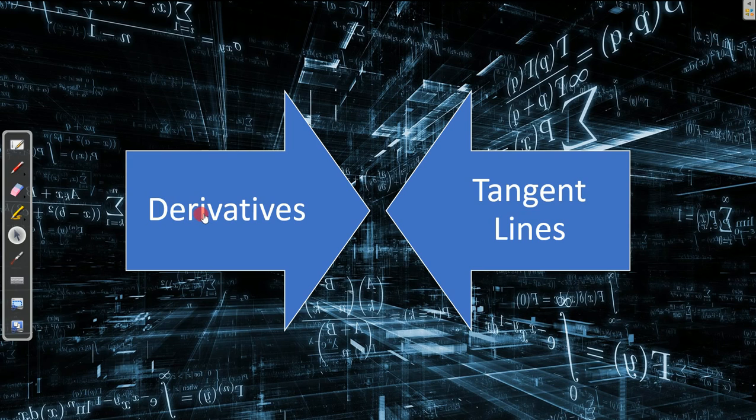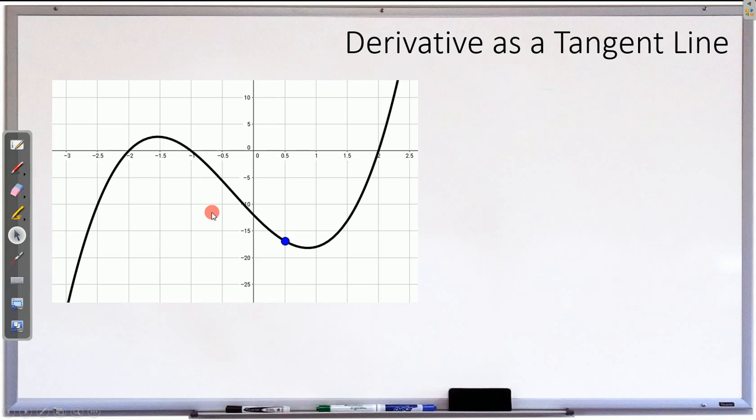So first, what is a tangent line? It is tied to what the derivative actually is. So here we have a graph, and we're going to think of the derivative. Remember, the derivative is the slope at one point. You've often seen me draw the slope like this. It's basically just the angle of the graph.